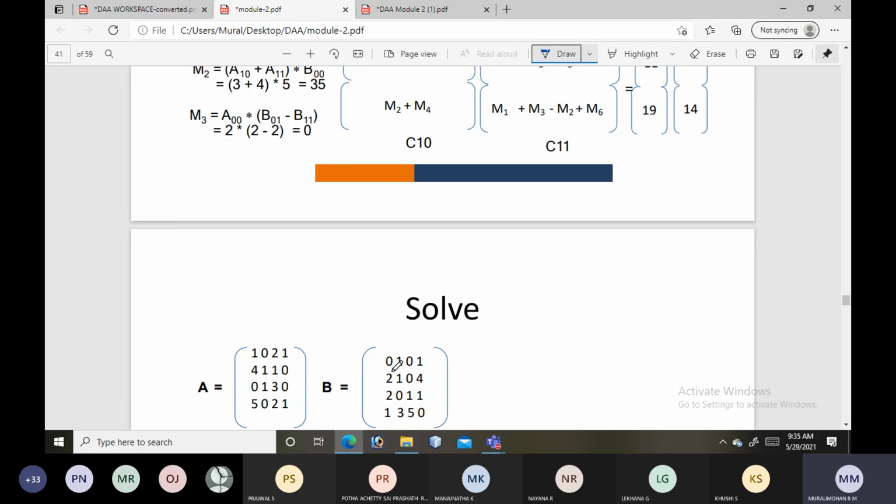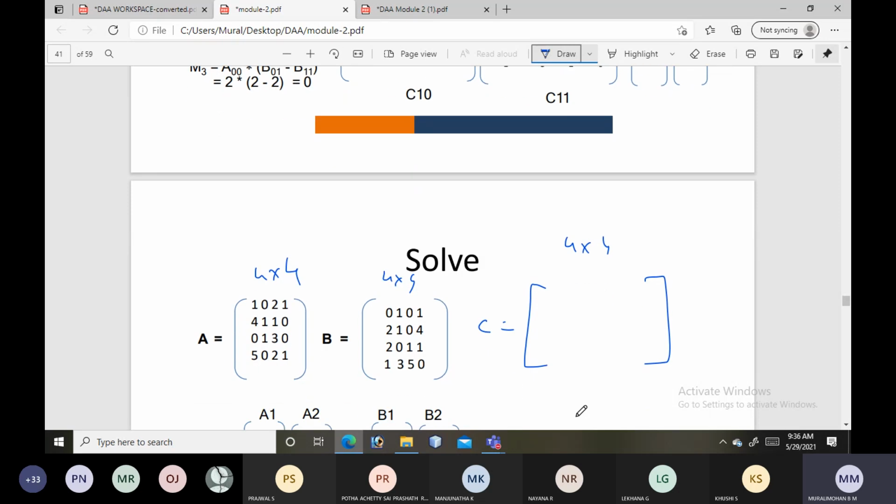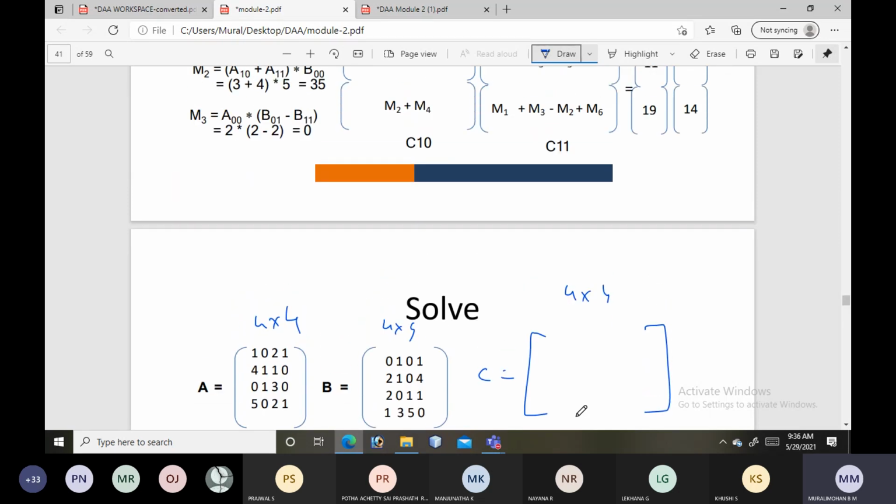Similarly, B is equals to 0101, 2104, 2011, 1350. You solve this and find the resultant matrix. See, it is 4 cross 4, so the resultant matrix will be 4 cross 4 only, right? Apply Strassen's matrix multiplication and solve this one. Is it clear? Kindly write down this problem, the A matrix and B matrix.